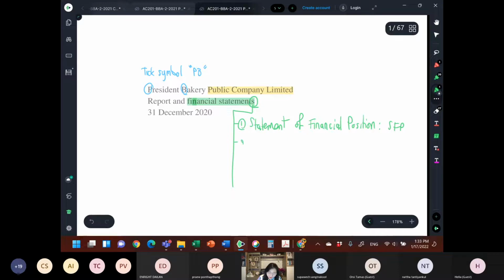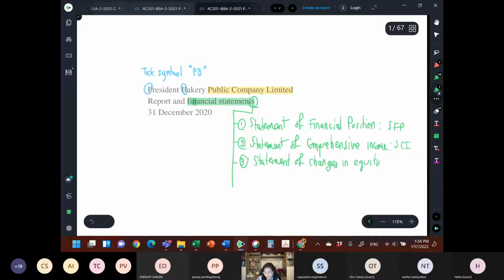And then the second one is the statement of comprehensive income. And then the third one is the statement of changes in equity, SCE.